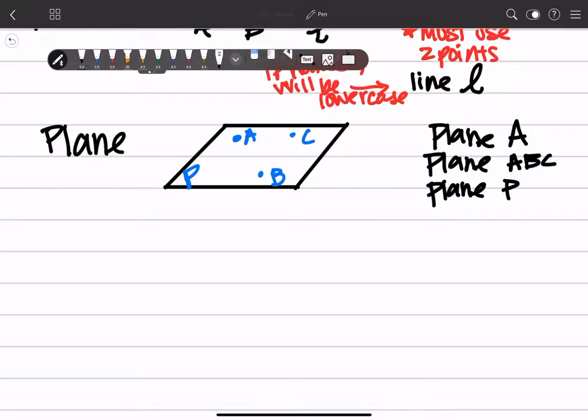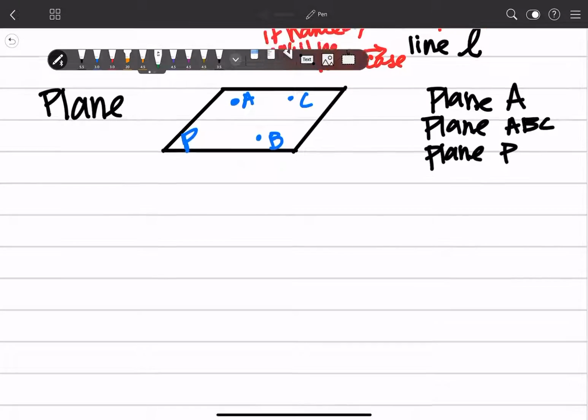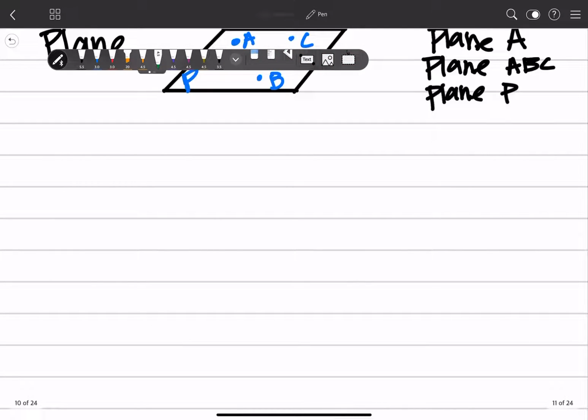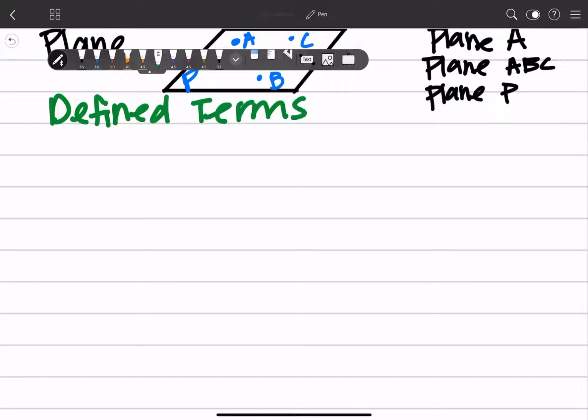All right. So next, we've got our undefined terms. Now, we're going to do our defined terms. I'm going to draw an arrow this way, just so we know and we can separate it.